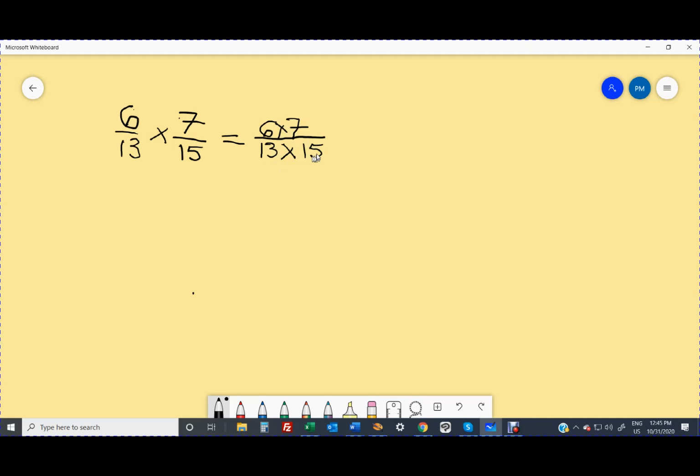Now I could have done it a different way, but we're going to do it this way. 6 sevens, 42. So that equals 42 at the top, divided by 13 times 15.